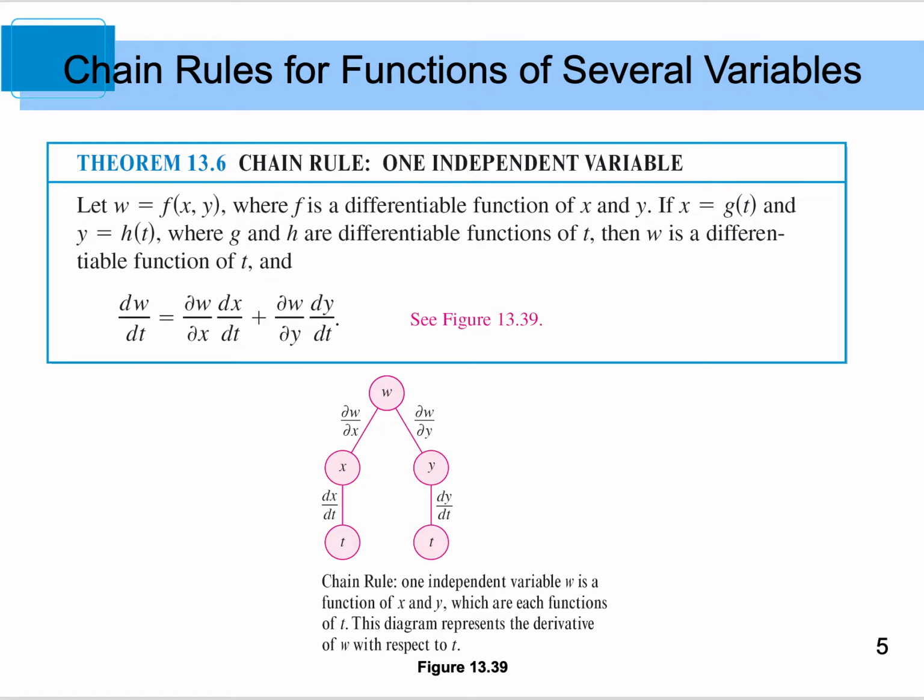which means that the derivative of w in reference to the variable t is equal to the derivative of w with respect to x times dx dt. So think of that like an implicit: oh, I took the derivative of an x, I need to do dx dt, plus the derivative of w with respect to y, dy dt. Think about the implicit functioning.